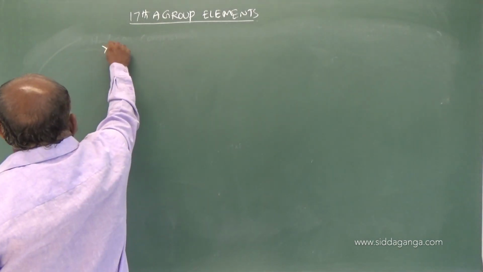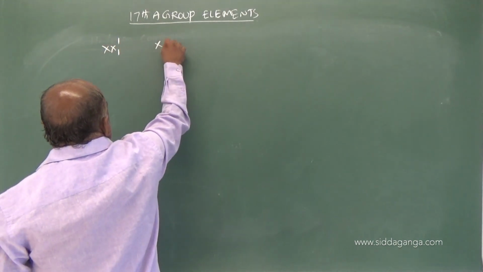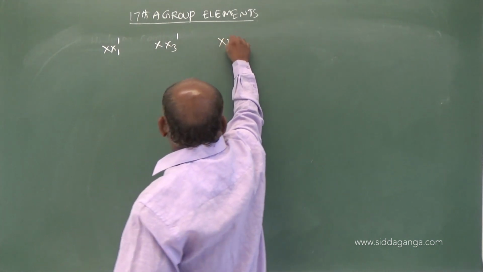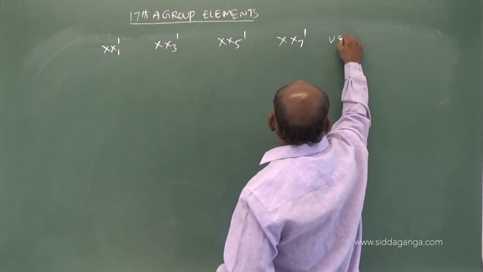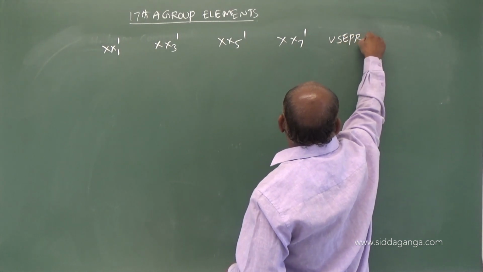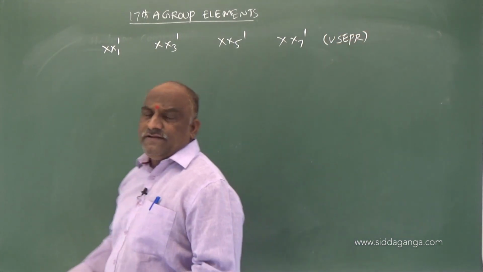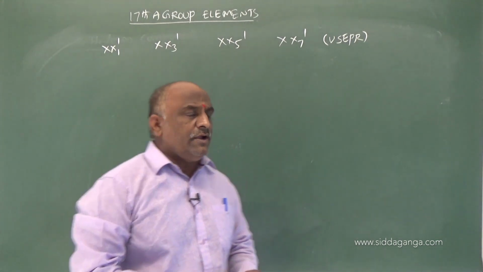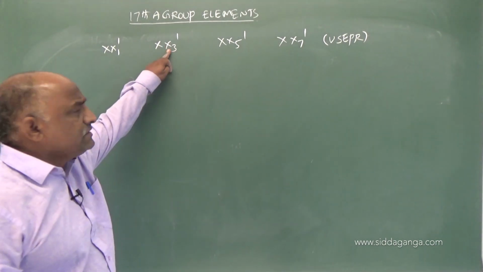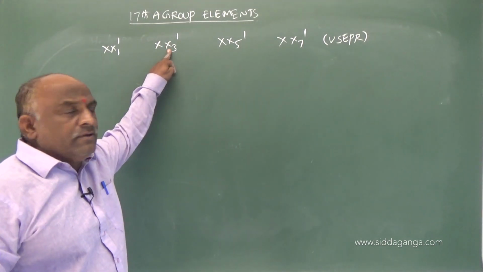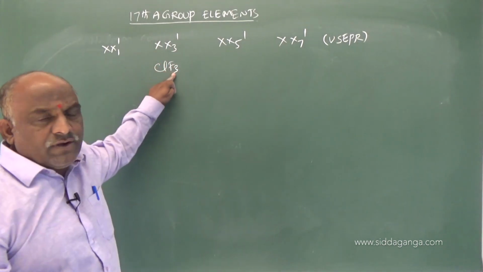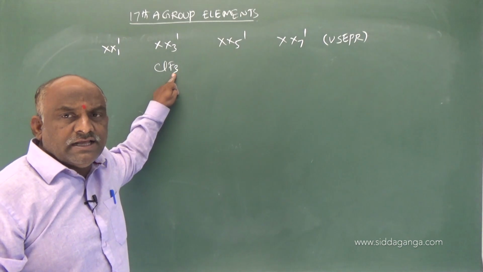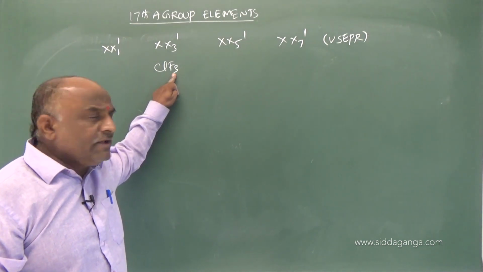XX1, XX3, XX5, XX7, according to valence shell electron pair repulsion. You already know what X is here. Consider ClF3, chlorine trifluoride, or ClBr3, ClI3, or BrCl3.